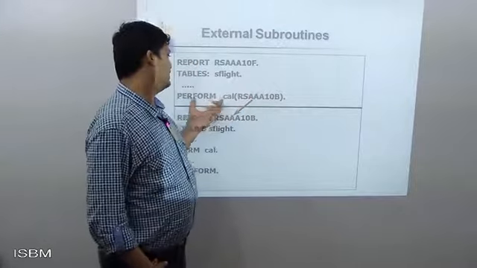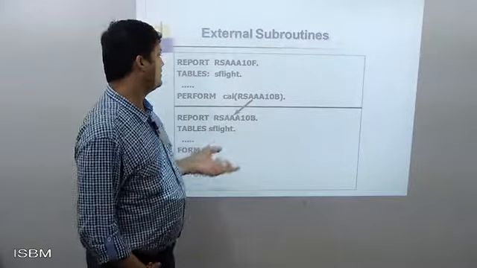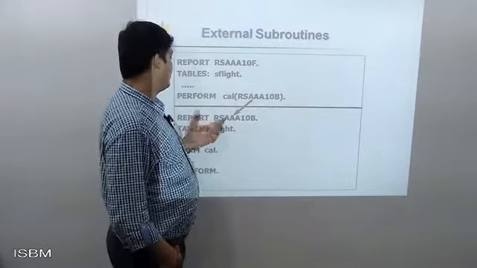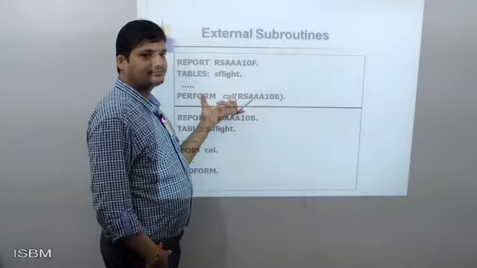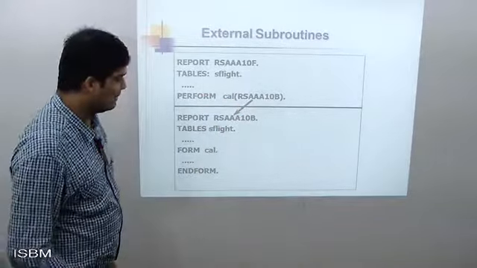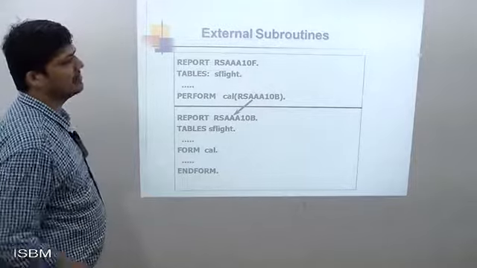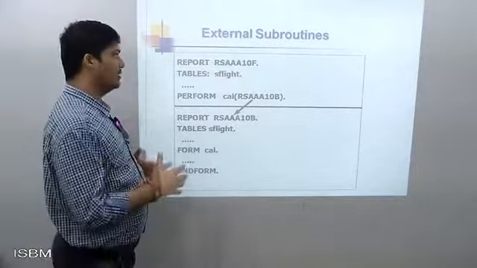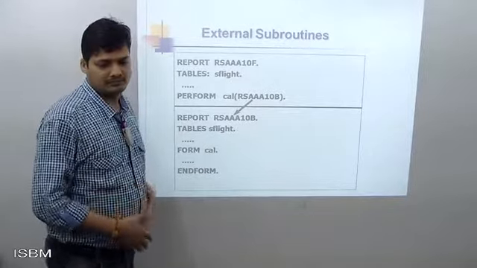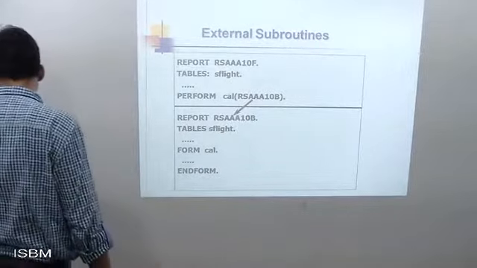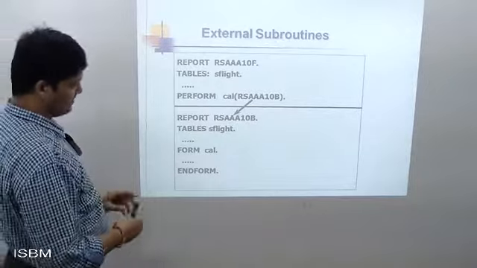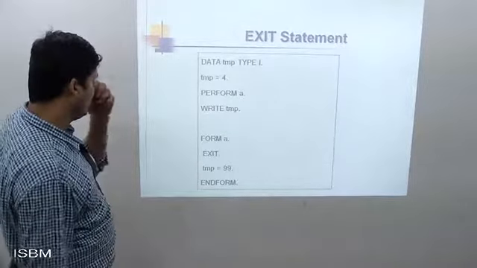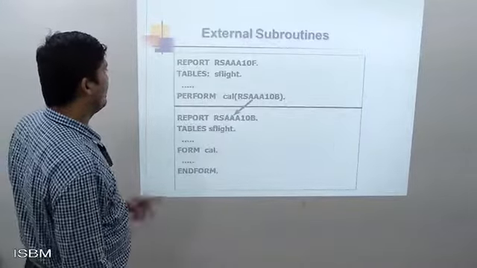You can see the perform call RSAAA10B, which I have used in my own program. External subroutine means we are calling a program from somewhere else into our own program. This is very easy and very important.